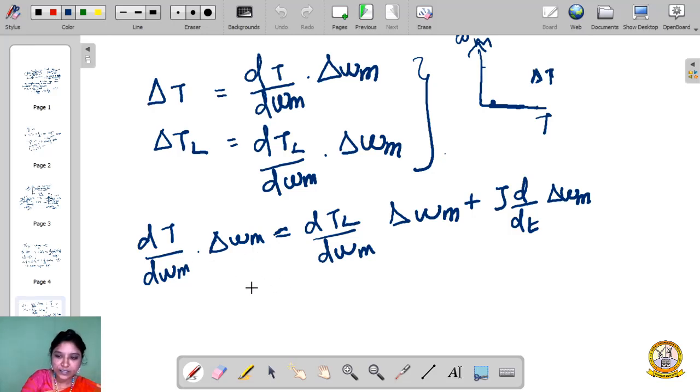Now you can take the inertia to one side, and we simplify this equation.